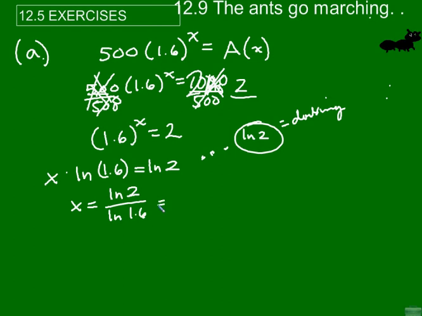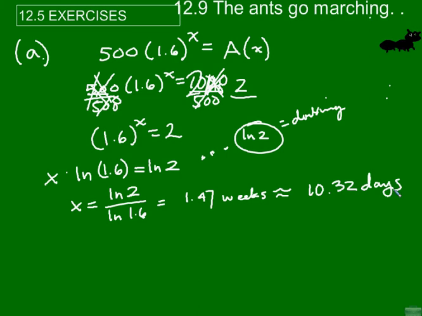And the doubling time then is going to be 1.47. And again, this was in weeks. So if I multiply that by 7, I get 10.32 days. So on the 10th day of the voyage, you've got 1,000 ants in there.